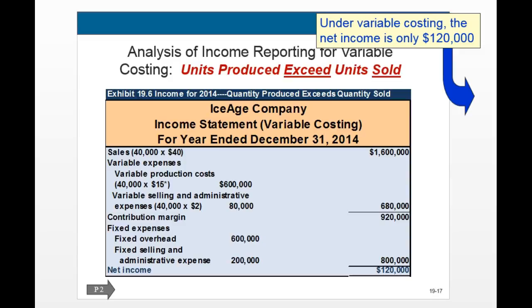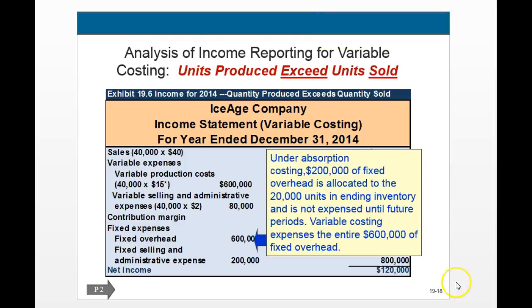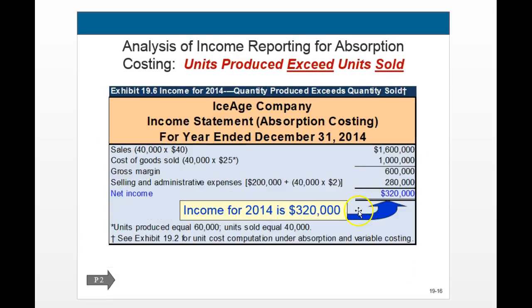So as you look at it now, here it is again, and that entire 600,000 was expensed here. It was not expensed up here on this one. Only 280,000 was expensed. The rest came through with the cost of goods sold.